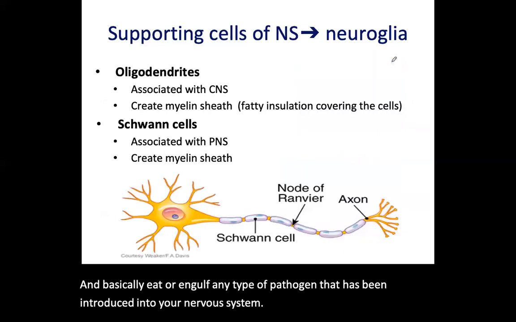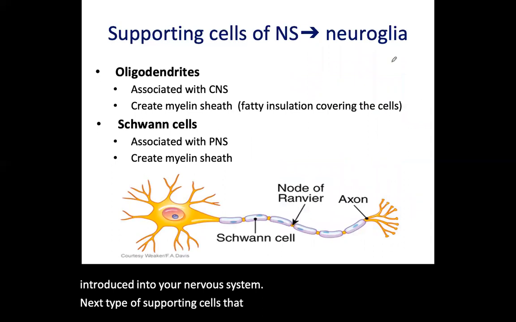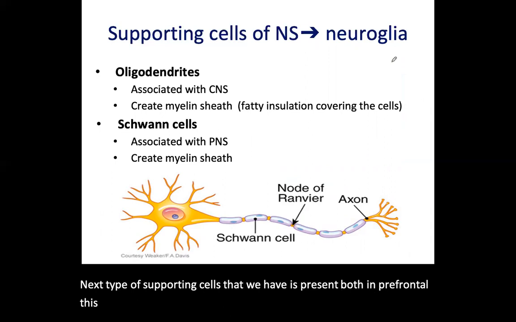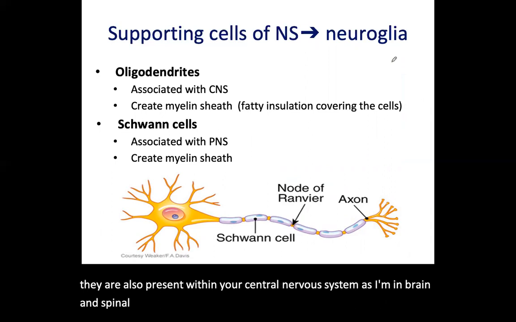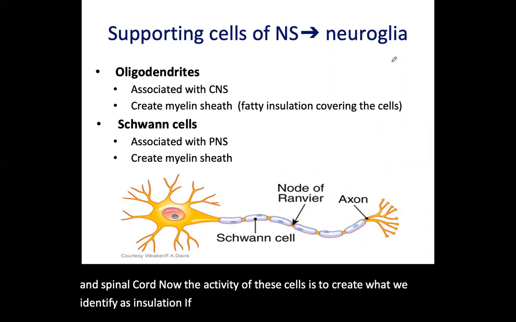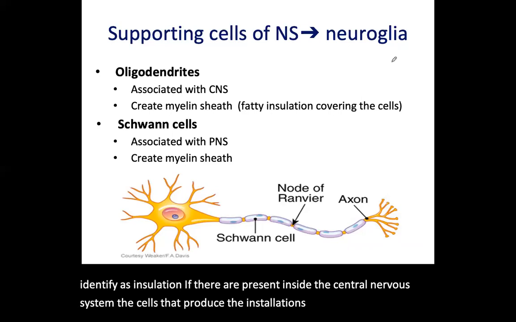Next type of supporting cells that we have is present both in the peripheral nervous system, as on the sides in your sensory and motor extensions, and they're also present within your central nervous system, as in brain and spinal cord. Now, the activity of these cells is to create what we identify as insulation. If they are present inside the central nervous system, the cells that produce the insulation are known as oligodendrocytes.